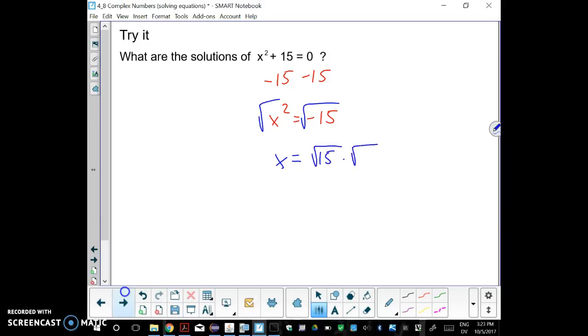So I'm just going to pull off the negative 1 part and say we can't really clean up the square root of 15, so we're just going to leave it. But we're going to put a plus or minus in there because we know there's both a positive and negative square root. Then the square root of negative 1 we're just going to replace with i. So our two answers here are plus or minus square root of 15 i.